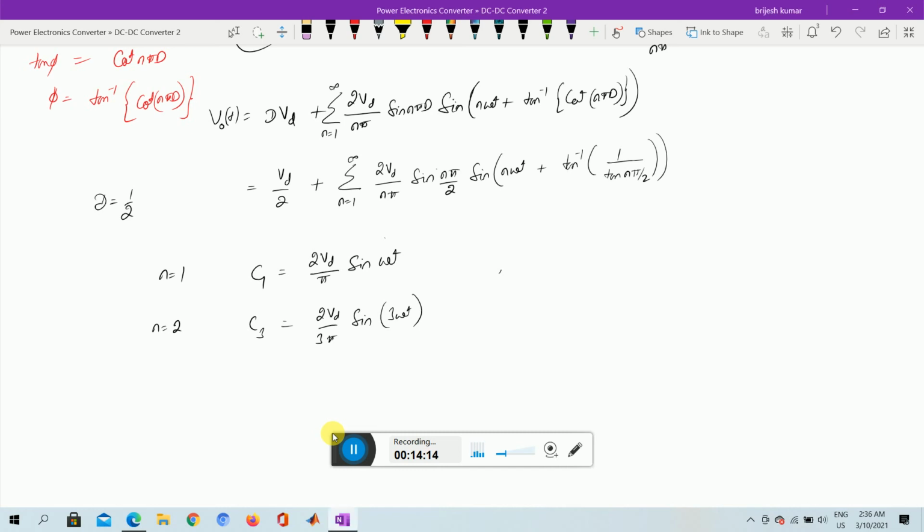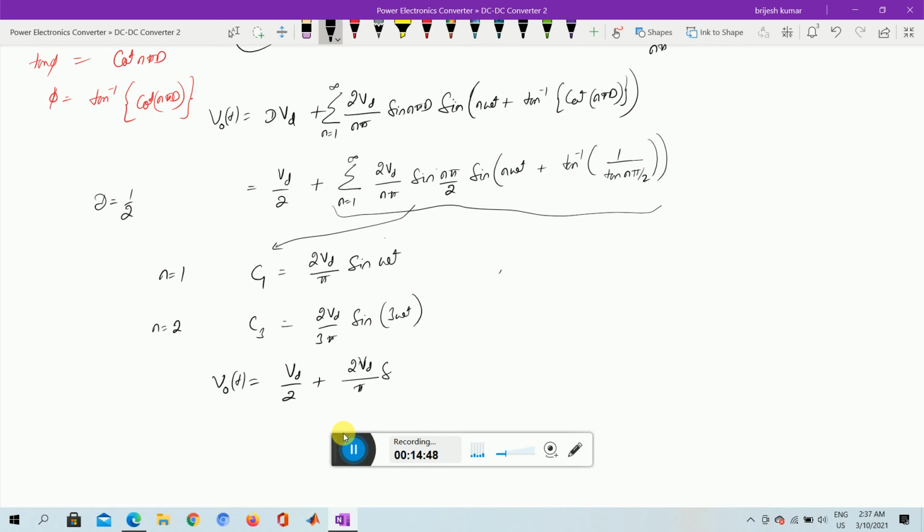Let us say this is c1. The c1 component is this entire component for different values of n. So we can write v0(t) is equal to Vd by 2 plus 2Vd by pi into all the terms, c1 and its components.